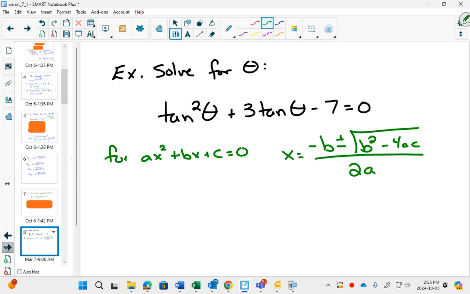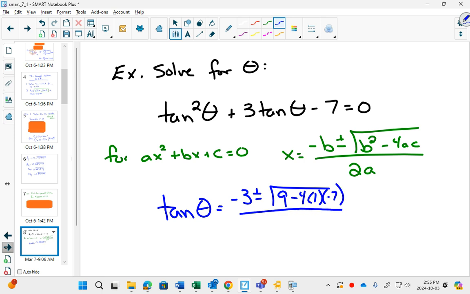Now, this is for ax squared. We have a tan squared, so instead of x equals, we will have tan theta equals negative 3 plus or minus the square root of 3 squared, which is 9, minus 4a, where a is 1, b is negative 7, over 2 times 1.